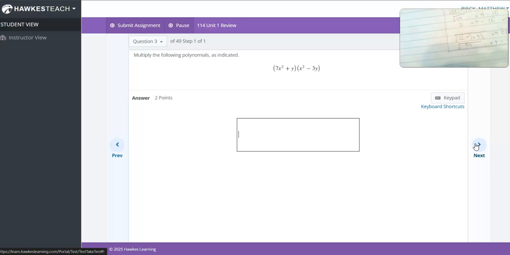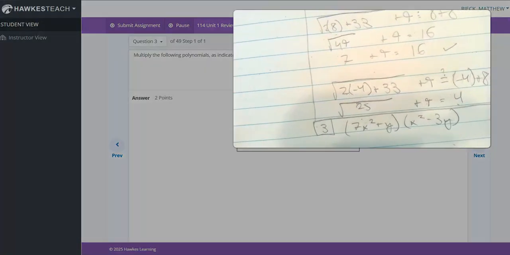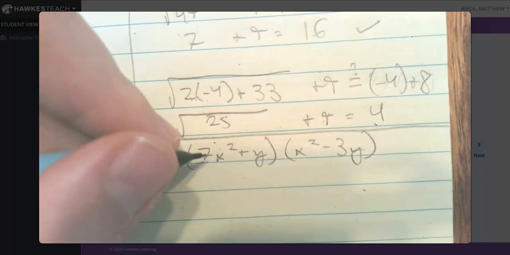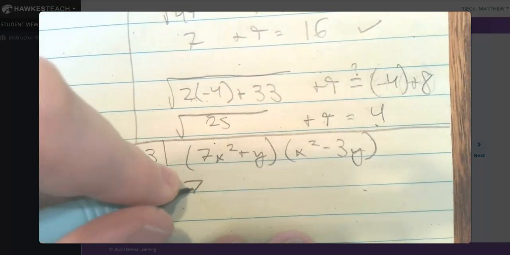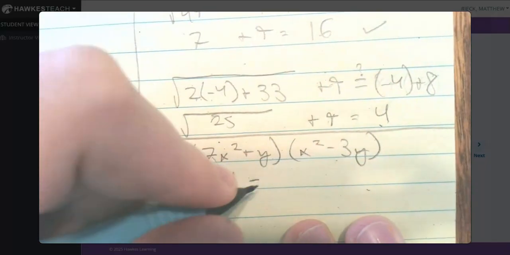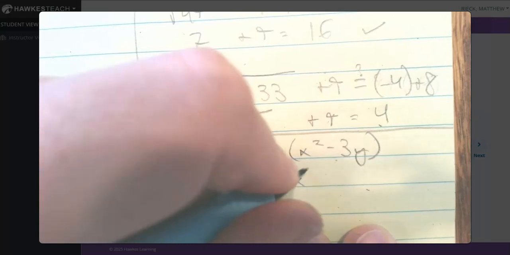All right. So the next one is asking us to multiply these polynomials here. So you have 7x squared plus y times x squared minus 3y. All right, so you have 7x squared times x squared, so that's going to be 7x to the 4th. And then we have 7x squared times -3y, so that's going to be minus 21x squared y.